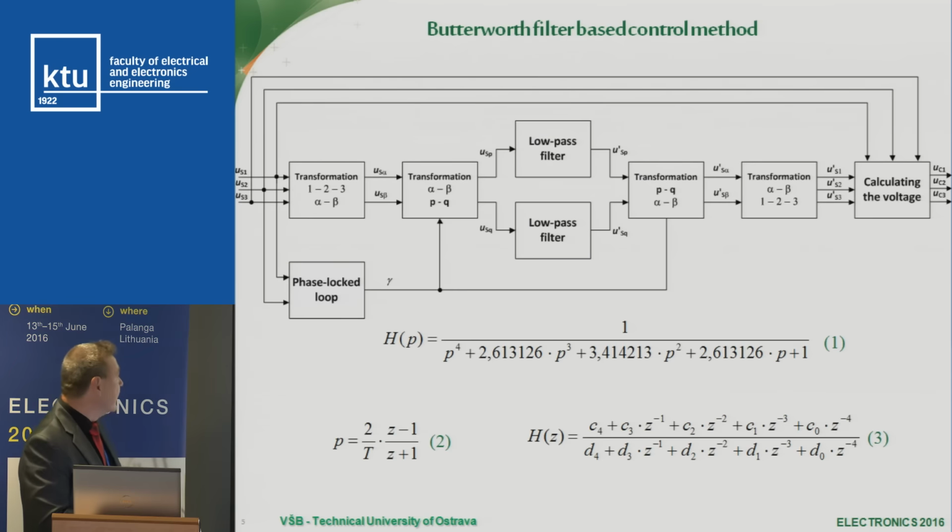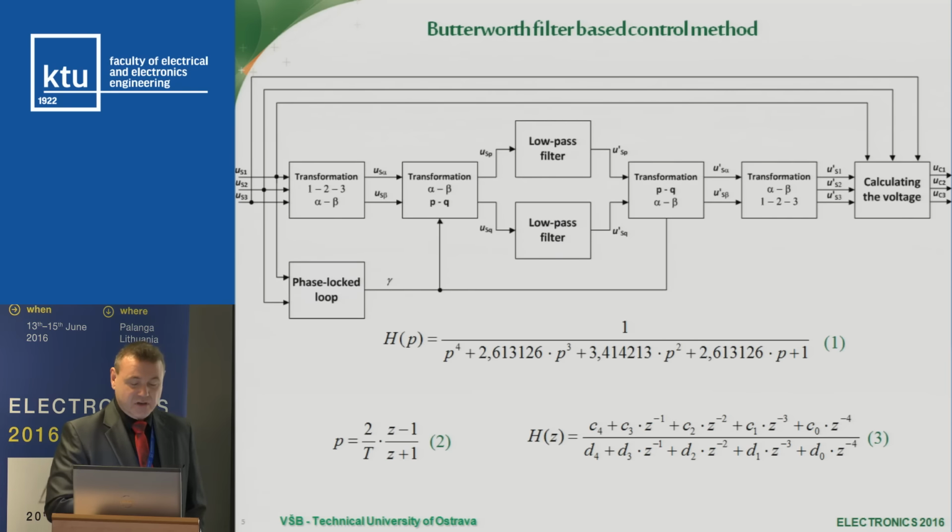We have first the Clarke transformation and then the reverse Park transformation, and this is a low pass Butterworth filter of fourth order, and then we have the Park transformation and Clarke transformation, and can calculate the voltage for the converter of the power filter.